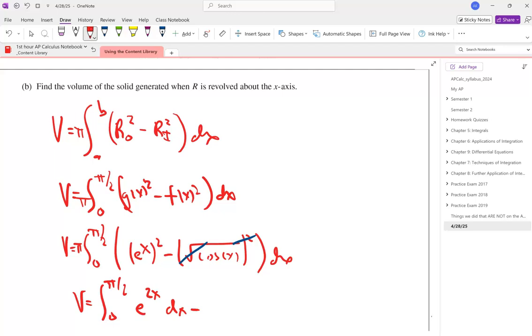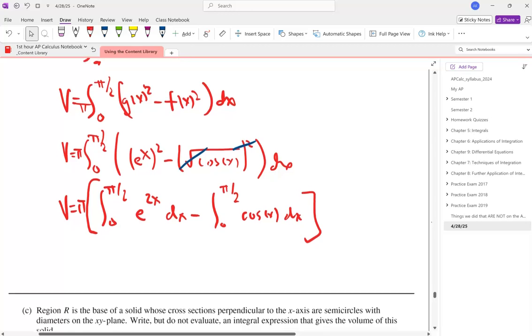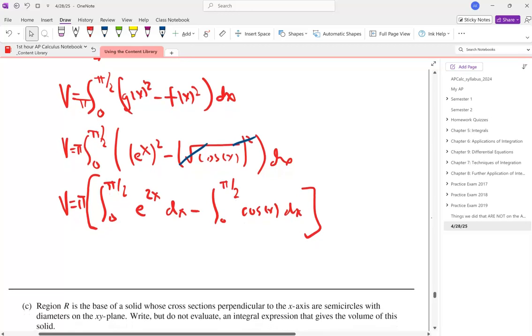And I'm really going to think about this as two separate integrals. It's probably the easiest way to conceptualize things. So for the first one, the only problem is that 2x, right?